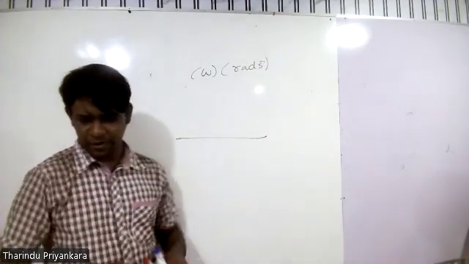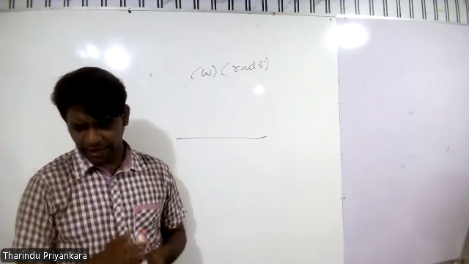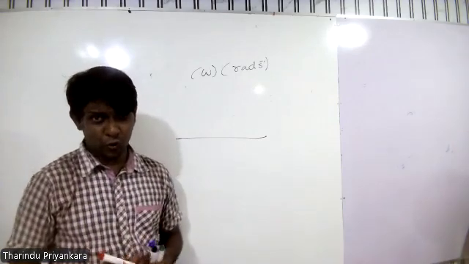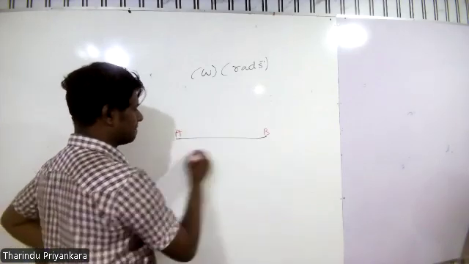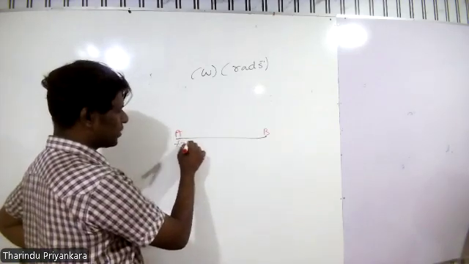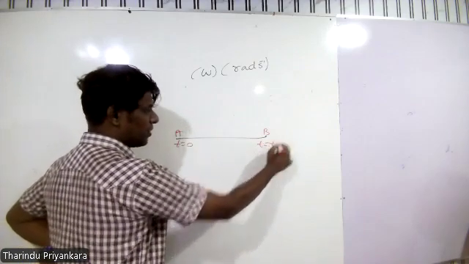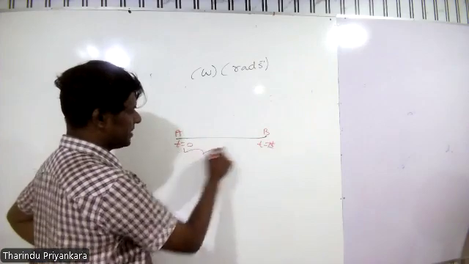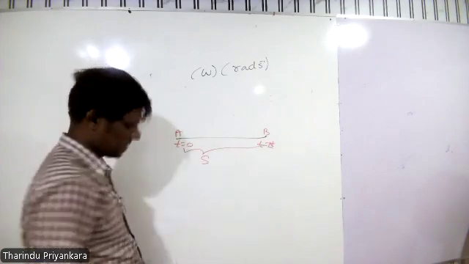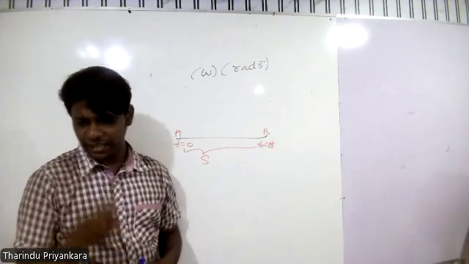Before going for angular velocity, I just need to ask you, what about normal velocity? You are moving from A to B. T equals 0 to start, T equals T you are going to finish. The distance you travel is S. How do you find this velocity?